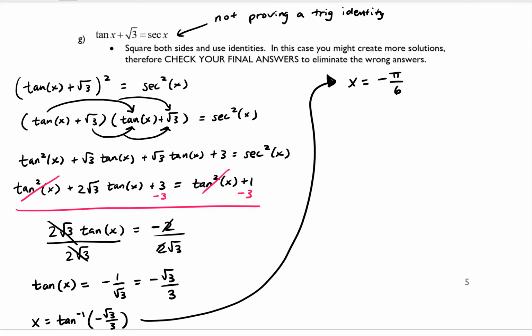And then we need to think about what angle we're going to add so that we can hit all of the correct locations. And so I'm just going to sketch a really quick graph of the two functions that we're looking at. So the first one on the right-hand side is secant of x, and so that is the reciprocal of cosine. So I'm just going to sketch cosine.